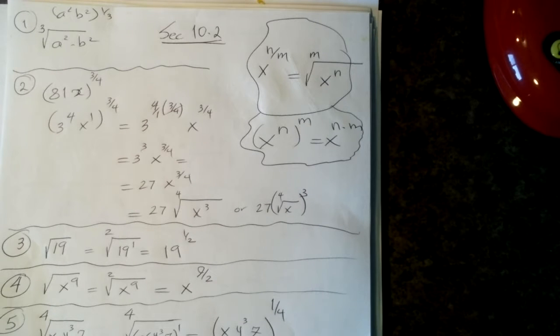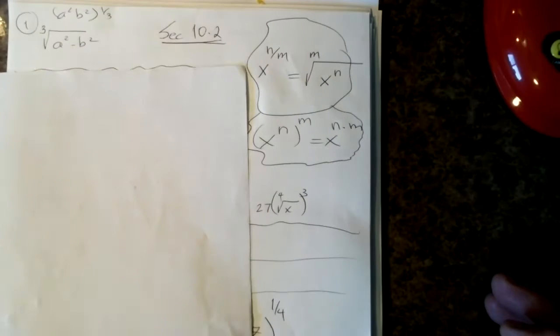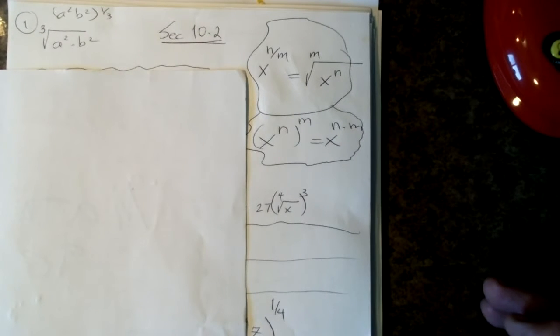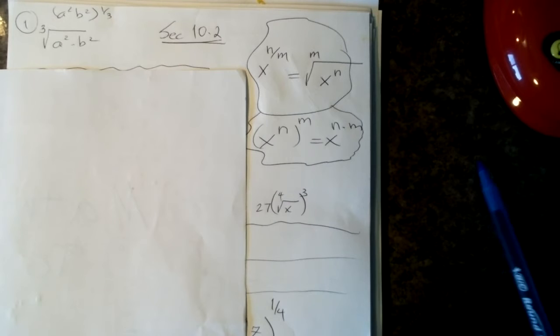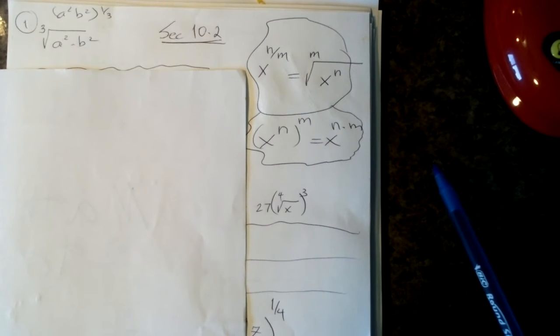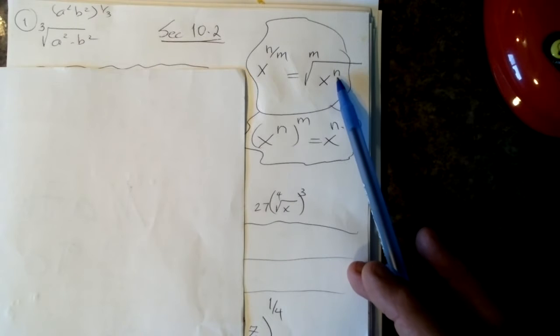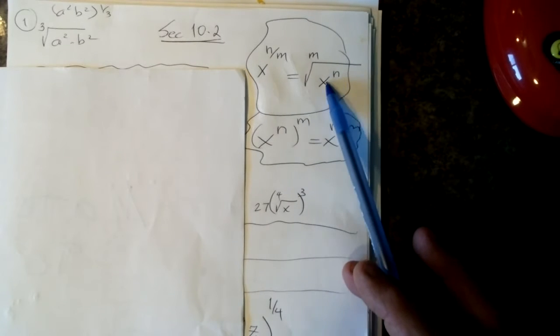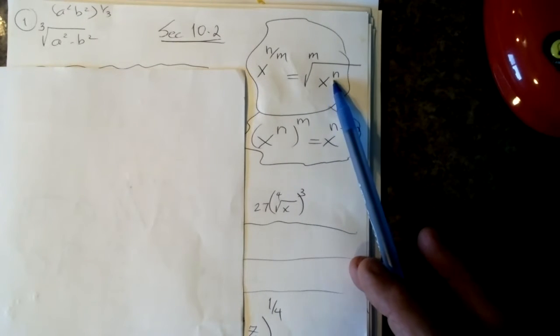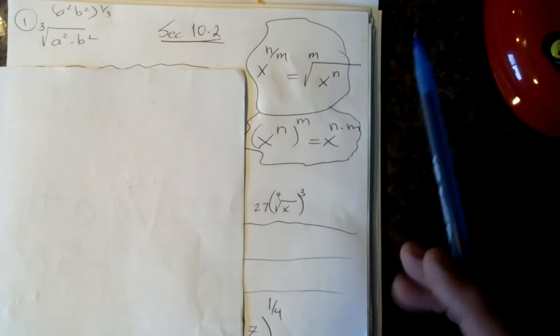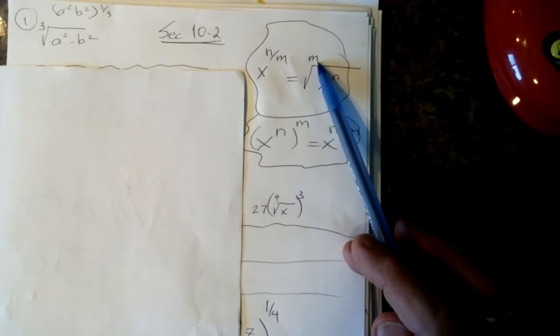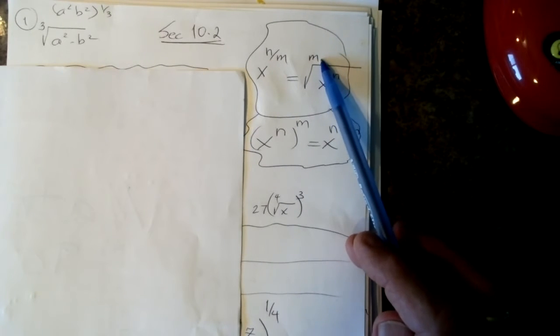Math 96, section 10.2. Here we are dealing with some formulas that we normally use in algebra. One formula is that if you have a radical, x is the base, n is the exponent or power, and m is the root of a radical.